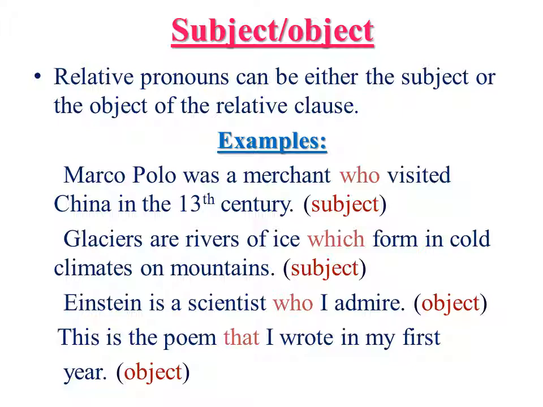This is a poem that I wrote in my first year. So again, that is the object of the relative clause. So you should keep in mind these differences between subject and object. So a relative pronoun can be a subject or an object of the relative clause.